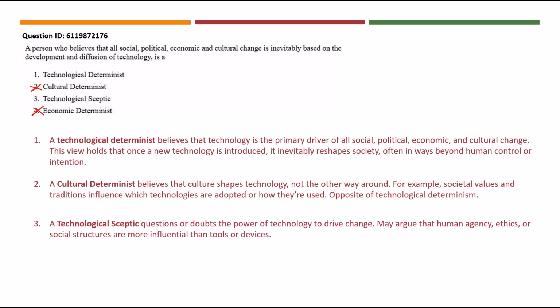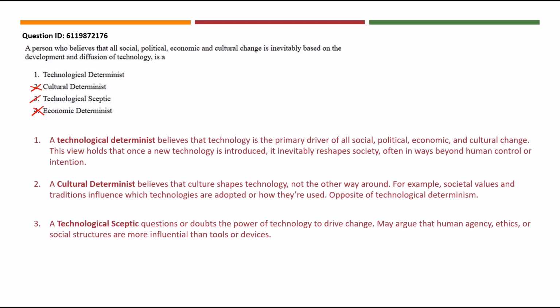What about technological septic? This person questions or doubts the power of technology to drive change. May argue that human agency, ethics or social structures are more influential than tools or devices. So this person is not in favor of technology, but the statement is in favor of technology.